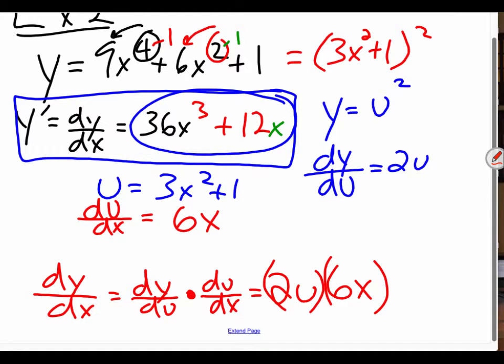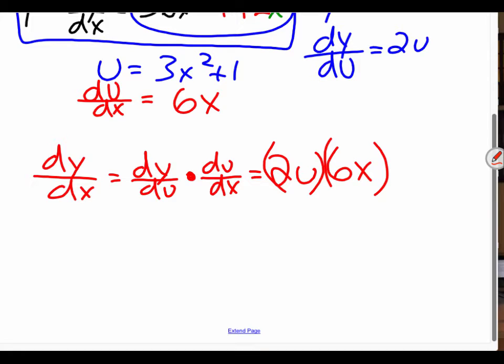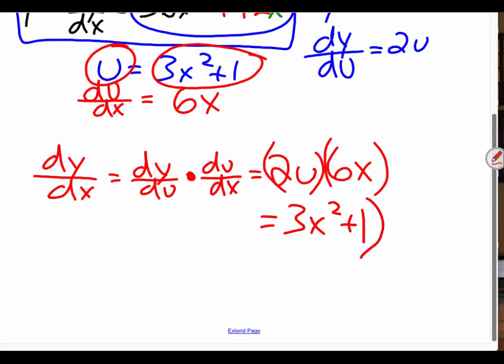I've got a function with u, and I've got a function with x. That's a problem, right? But I can fix that because I remembered that u is really equal to 3x squared plus 1. So this is 3x squared plus 1 times 6x.